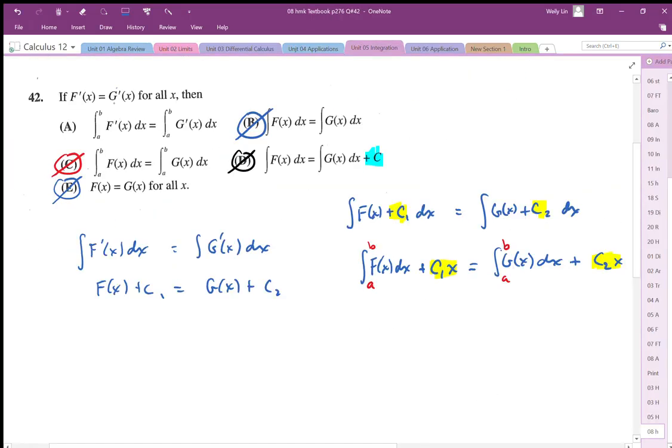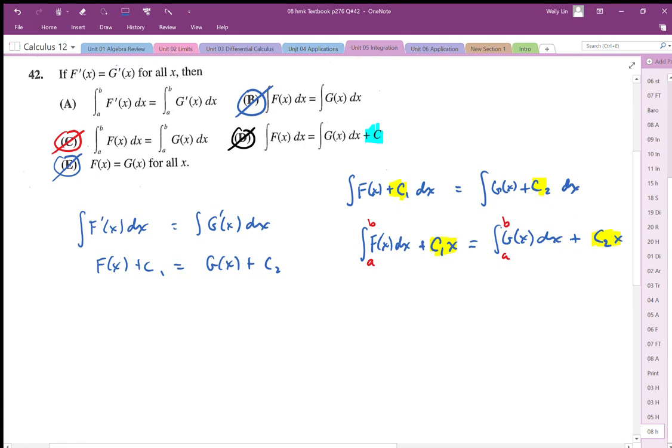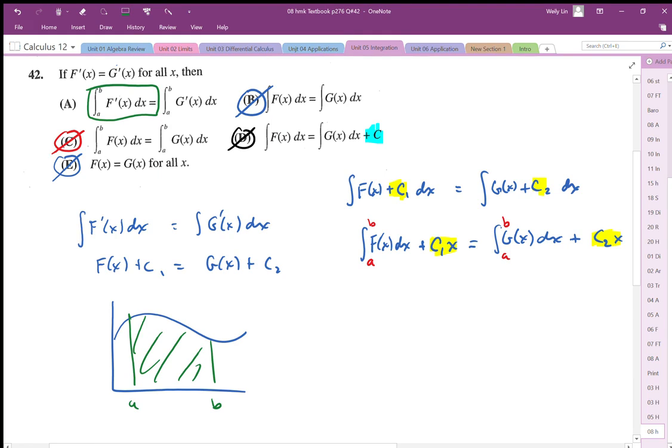Okay, let's take a look at why the answer is A. If we take a look at the area under the curve, we know that f prime and g prime are the same curve. And basically what this statement here is saying, I'm just going to do this in green, is the area under this graph from A to B. That's a definite integral.